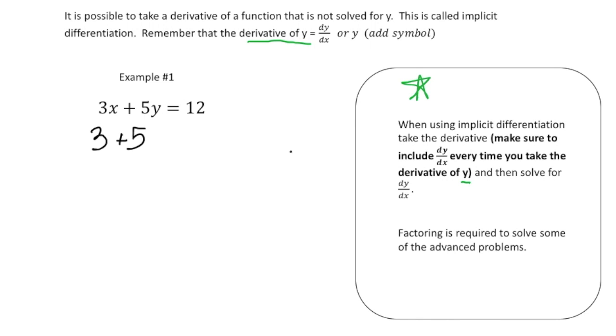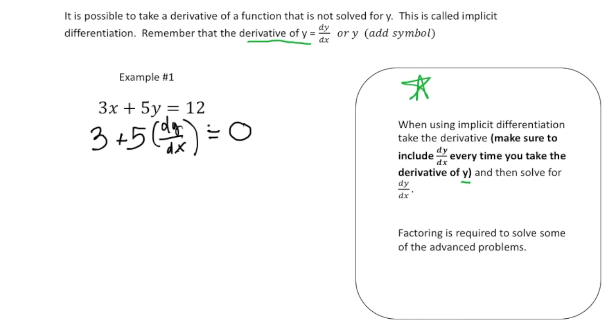But we found the derivative of a y, so you have to include a dy over dx, just like it says in the directions. This is going to equal the derivative of a constant, which is 0.